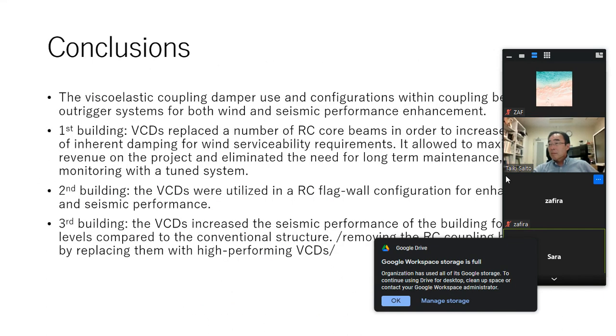Finally, the conclusion. The viscoelastic coupling damper is used in a configuration with coupling beams and the outrigger system for both wind and seismic performance enhancement. For the above, we see this replaced a number of RC core beams in order to increase the level of inherent damping for wind stability requirements.